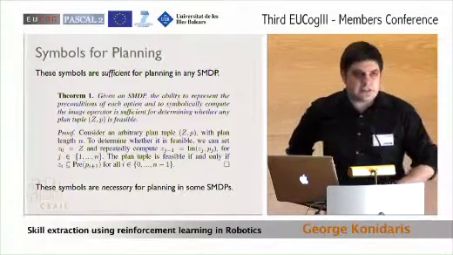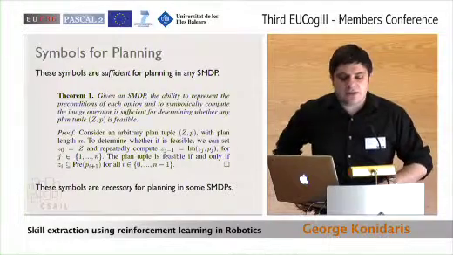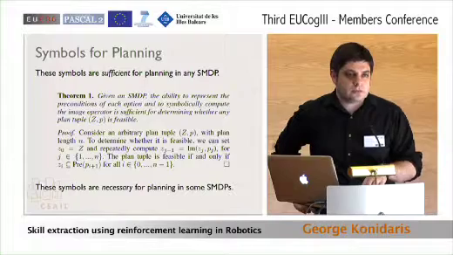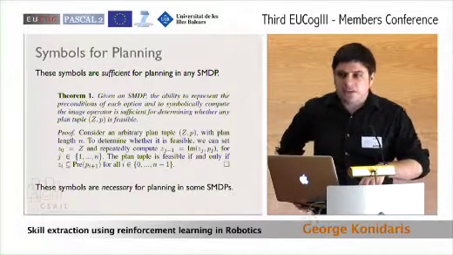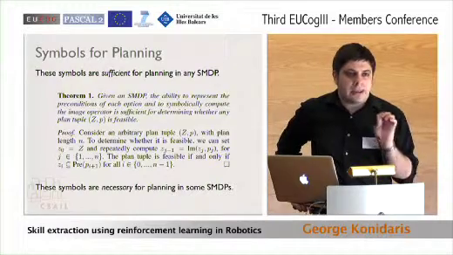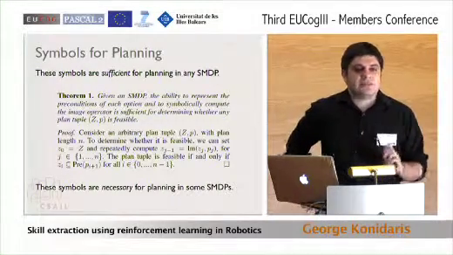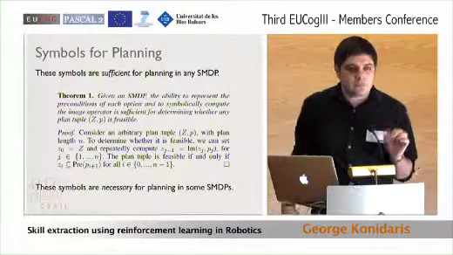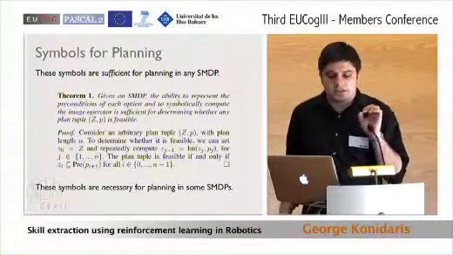That's sufficiency. It also turns out that there are SMDPs for which this is necessary. That means no other set of symbols, except ones that can be reached using operations on these, can tell you whether any particular plan is satisficing. So these symbols are the necessary and sufficient symbols for planning using your skills.